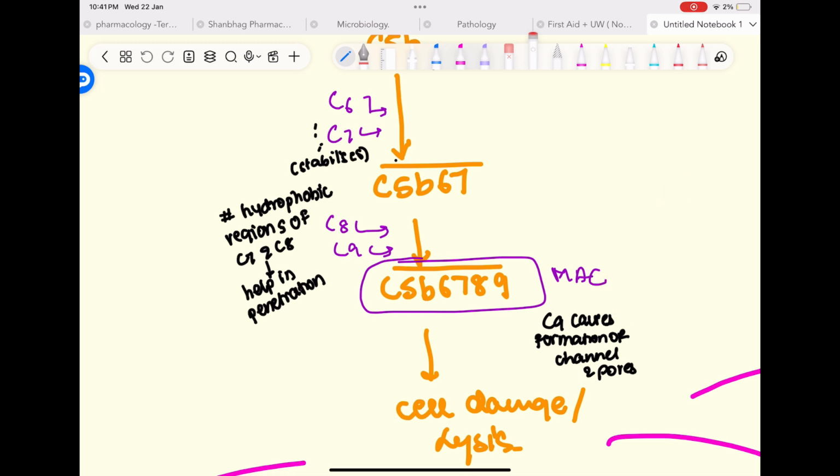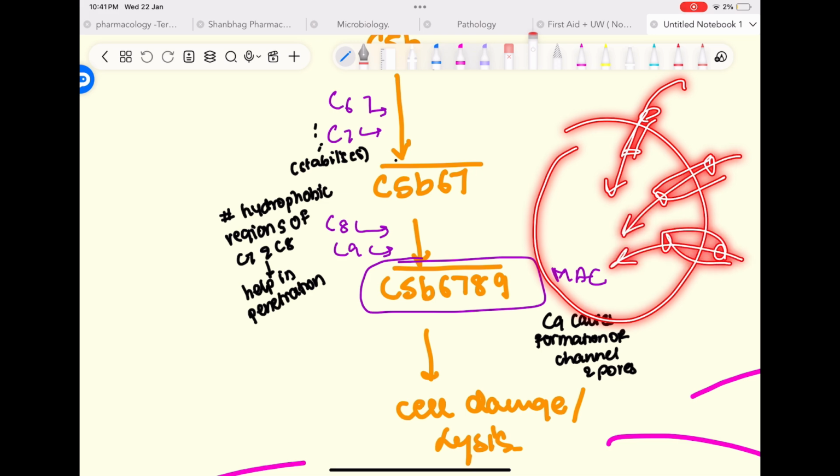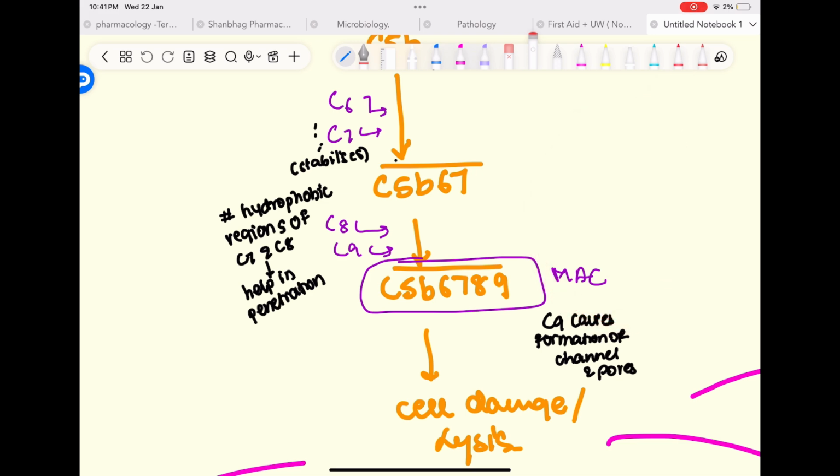Imagine this is the wall of the microbe. Now what C9 does to it is that it will create pores or channels into the microbial surface. Now what the pore does is that it will cause influx of water into the cell, which will cause cell swelling and hence thereafter cell bursting and lysis.